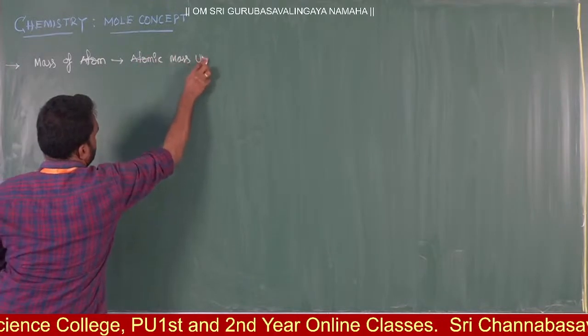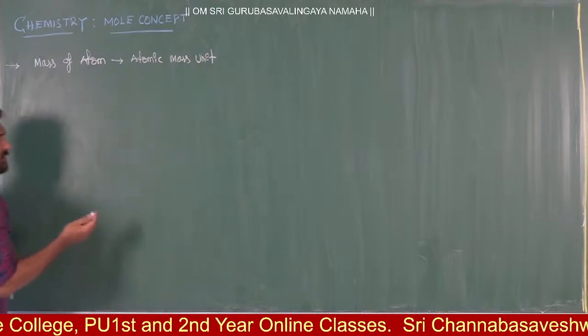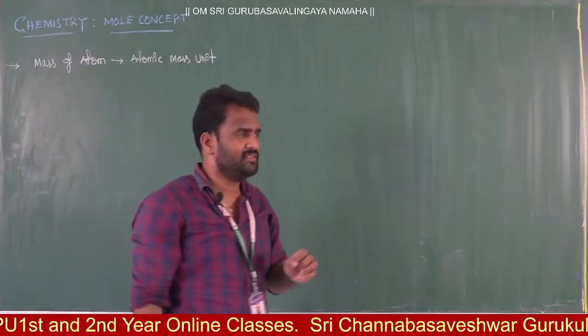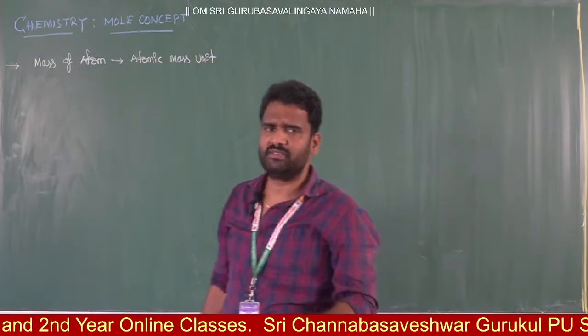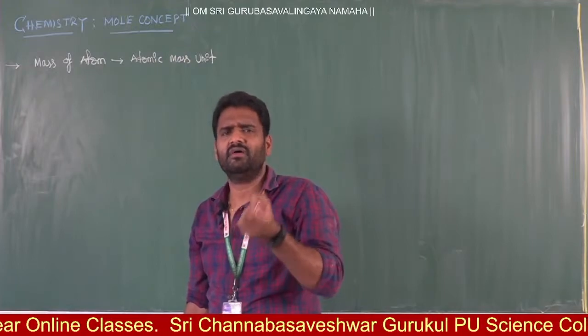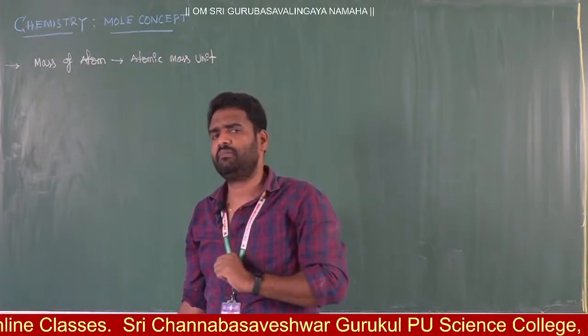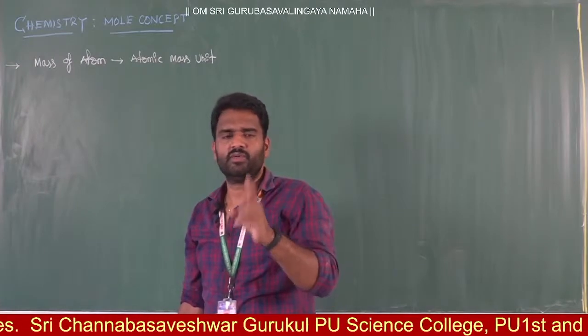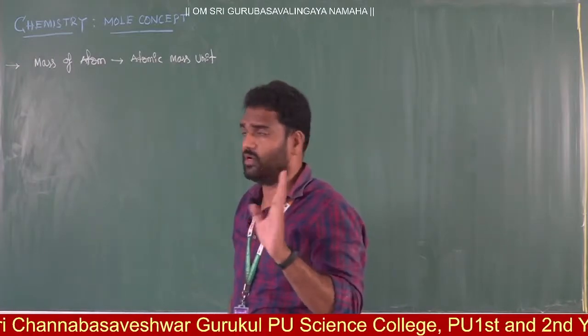Atomic mass unit is the very simplest and very small microscopic unit. It is the smallest microscopic unit related to only one atom. So this is what you need to understand.